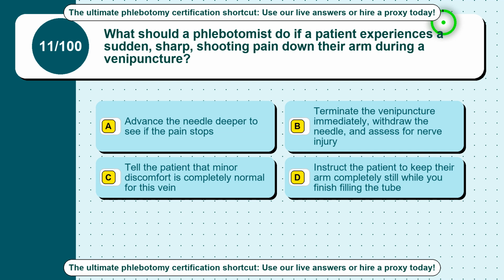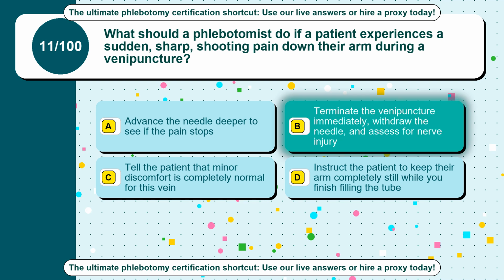Question 11. What should a phlebotomist do if a patient experiences a sudden, sharp, shooting pain down their arm during a venipuncture? Option A. Advance the needle deeper to see if the pain stops. Option B. Terminate the venipuncture immediately, withdraw the needle, and assess for nerve injury. Option C. Tell the patient that minor discomfort is completely normal for this vein. Option D. Instruct the patient to keep their arm completely still while you finish filling the tube.